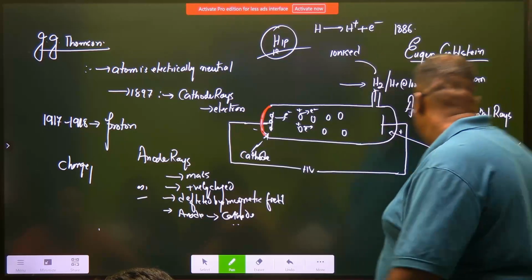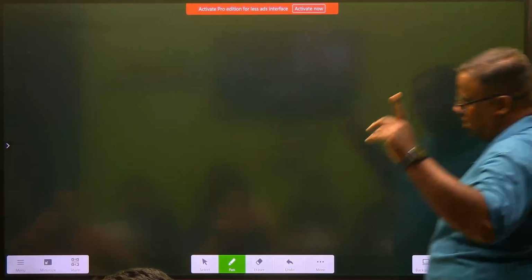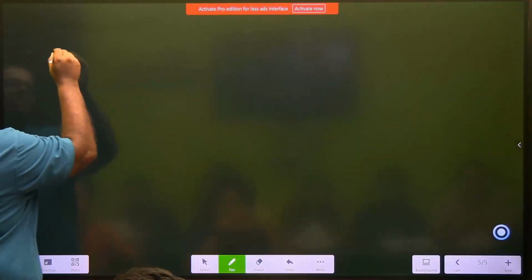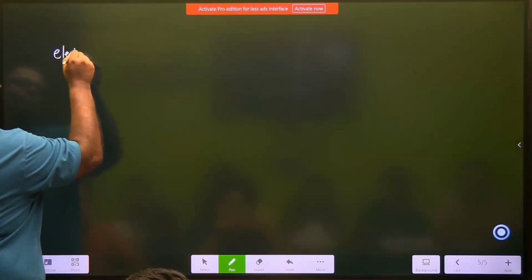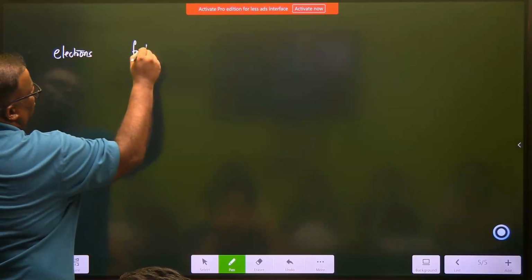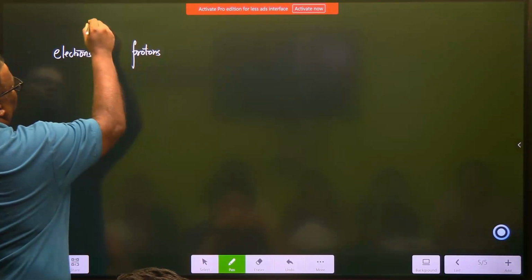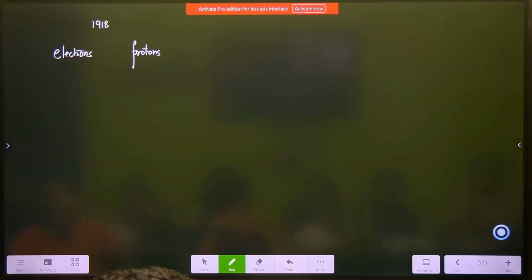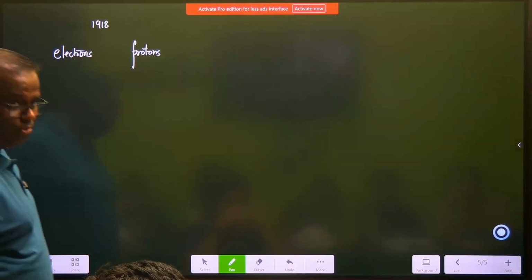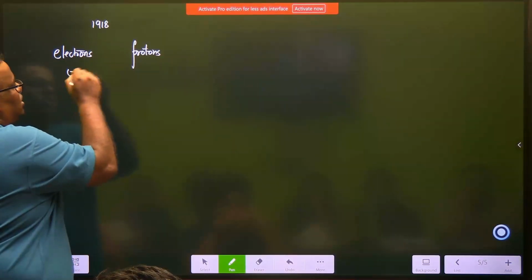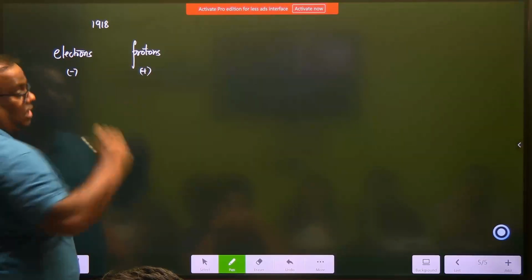So if I go back to that slide, at a higher level, we understand electrons, and by now we know protons. We are somewhere in 1918 now. The First World War, from 1914 to 1918, has ended. Electron, proton: negatively charged particles and positively charged particles.